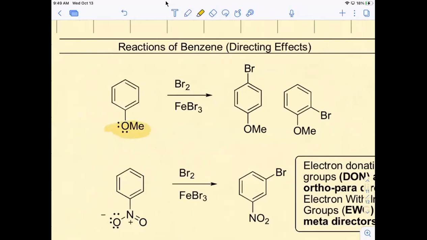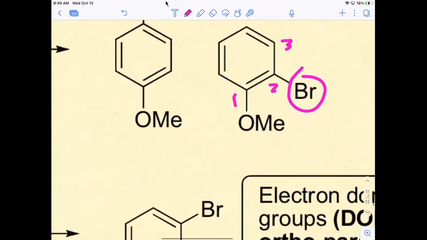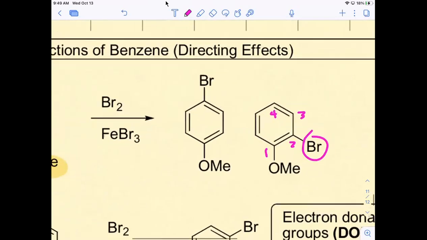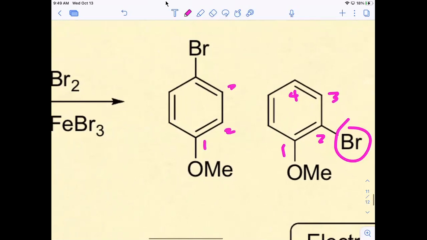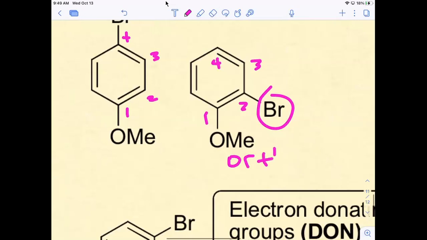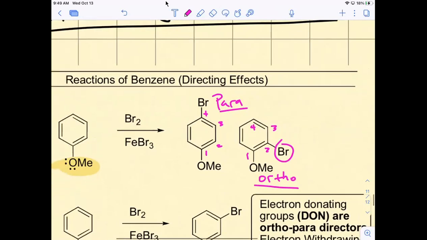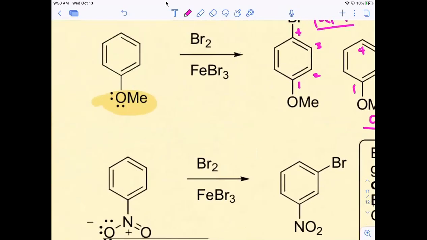When I get ready to brominate that ring, that methoxy is going to tell bromine you can only go ortho, which is right here. See that? 1, 2, 3, 4, right? You can only go to position 2 or position 4. All right, so this is ortho. And then this is para, right? And that's strictly based on the fact that the methoxy group is a donor.